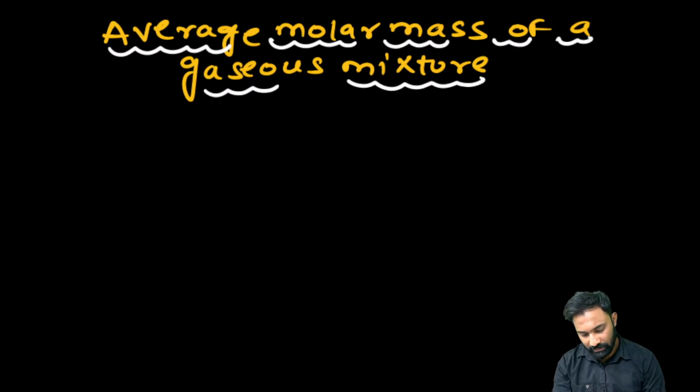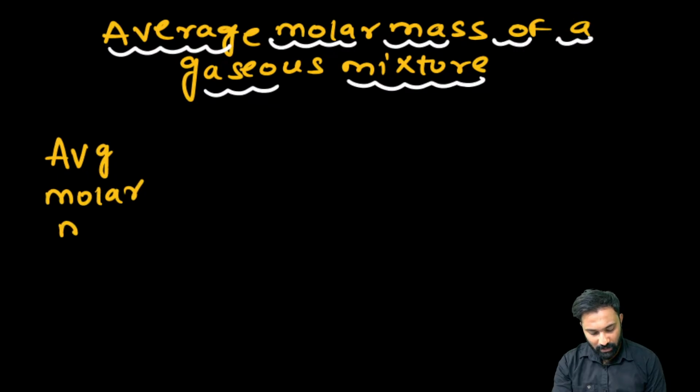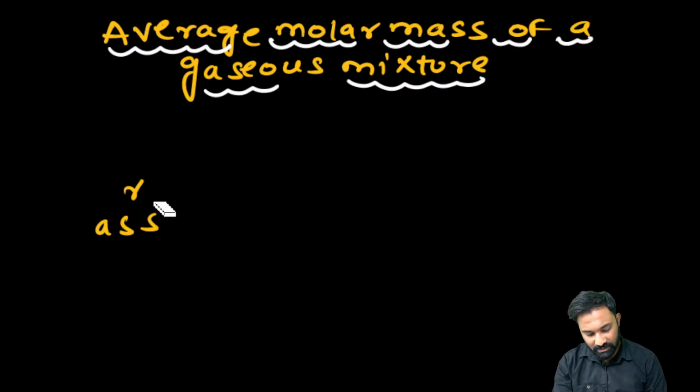Now, here for the average molar mass of the gaseous mixture, we have an average molar mass formula. What is the meaning of the average molar mass of a gaseous mixture? Why are we going to study this concept?